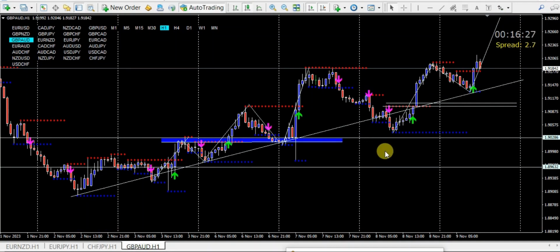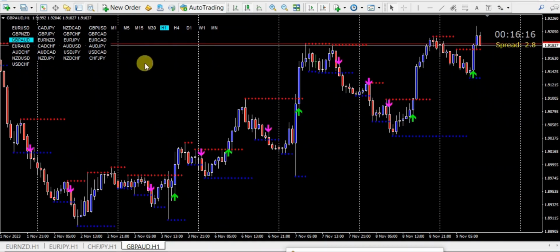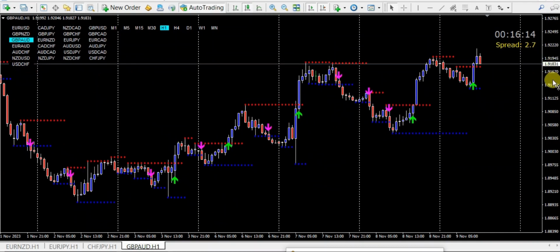So now let's work on the last one, which is the Fibonacci retracement. This one is an upward trend.